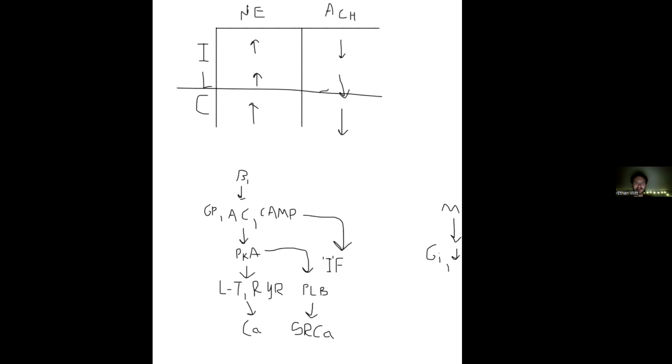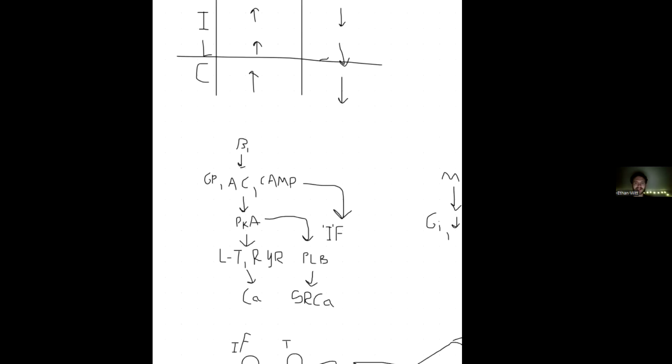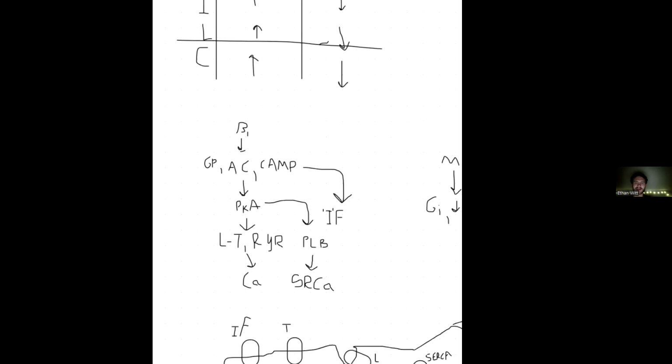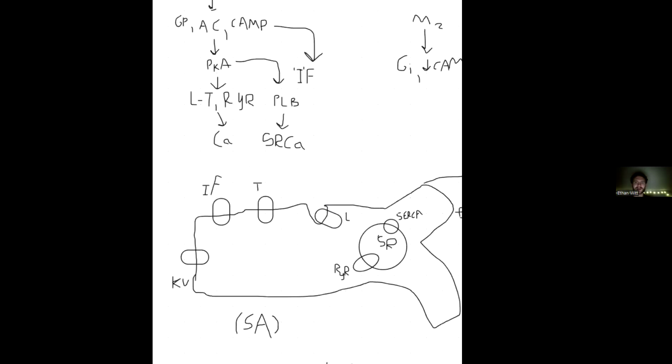Cyclic AMP leads to a couple of different consequences, but one of them is protein kinase A being activated, causing the activation of L-type calcium channels and the RYR channel, which we will get to in a diagram here in a moment.